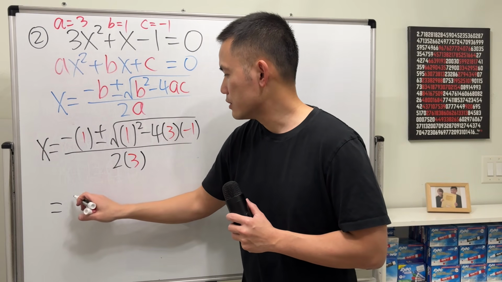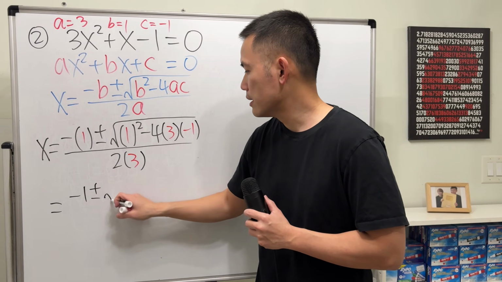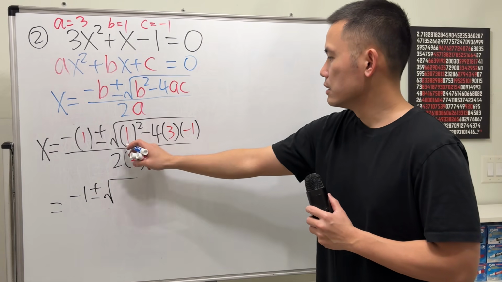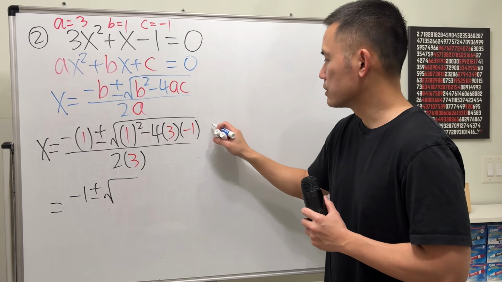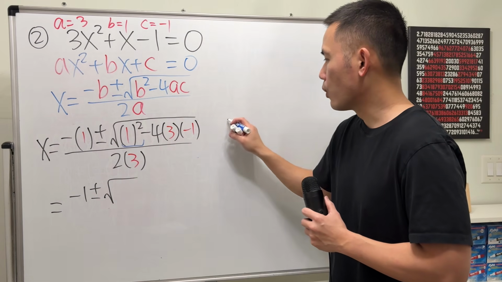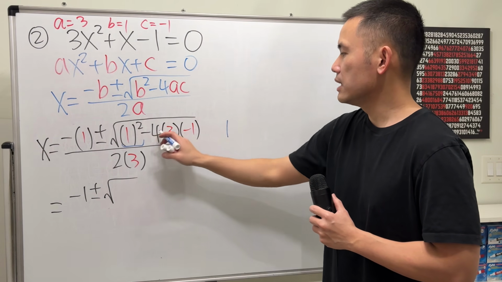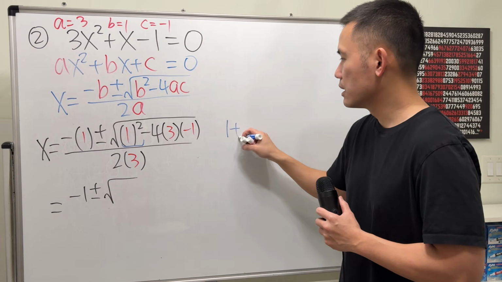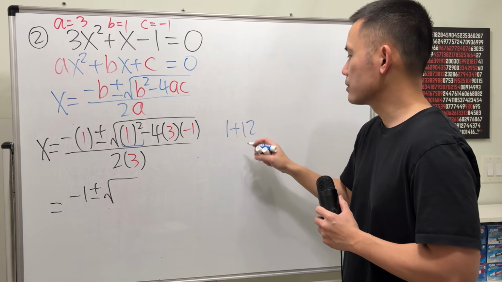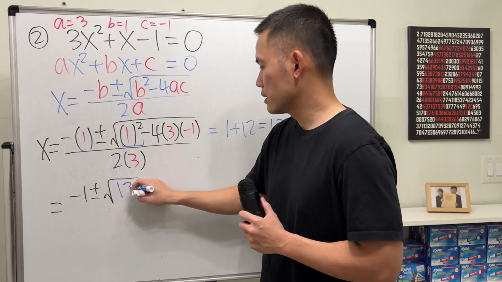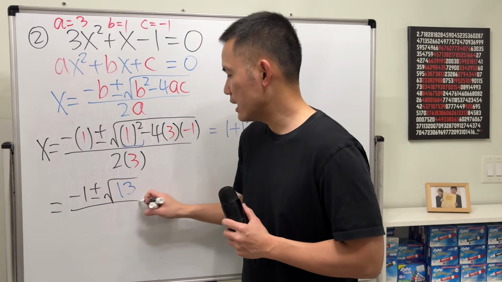Okay, this is just negative 1, plus or minus, open the square root. Now if we take a look right here, the inside is 1, and then 4 times 3 is 12, but negative times negative is plus, and then times 1 is just like that, so altogether it is equal to 13 in the square root, and all divided by 6.